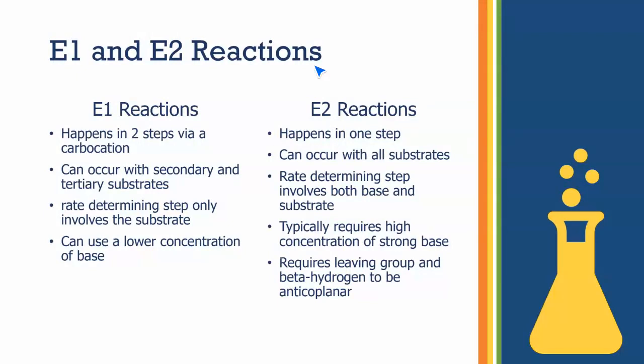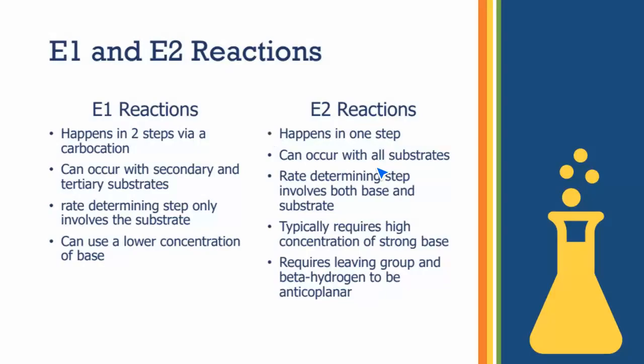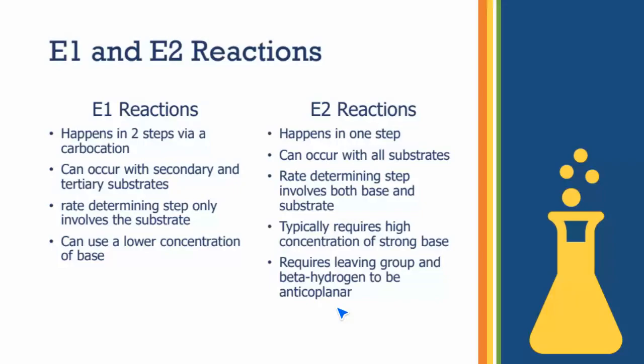So E2 reactions happen in one step rather than two. There's no carbocation. We can have this with all substrates. As opposed to SN2, where we couldn't have tertiary because there's too much steric hindrance, E2 has a stipulation that they have to be anticoplanar, which gets rid of the steric hindrance risk.